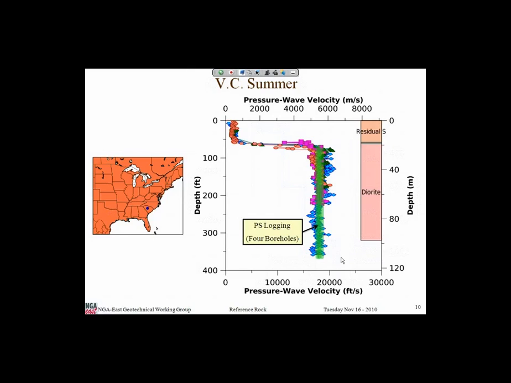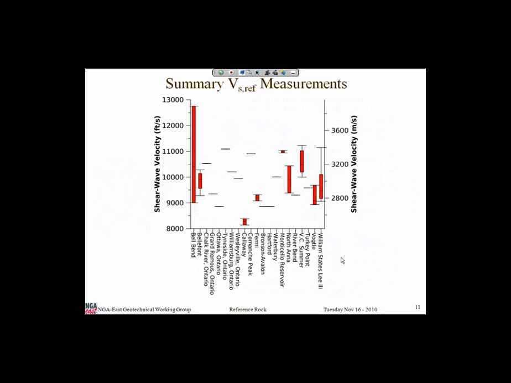This is Vogtle Summer, and there it is fairly shallow, about 50 feet from the surface, and we're looking at fairly significantly high velocities there. I think this is P-wave velocity, by the way. We looked at both P-waves and S-waves, and I'm not showing you the entire data set that we have collected. All of that eventually will be properly documented and made public as part of our activity.